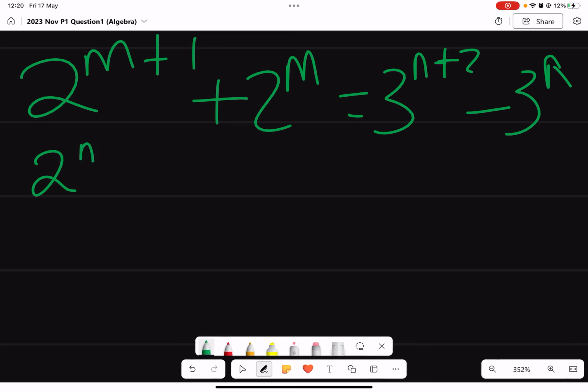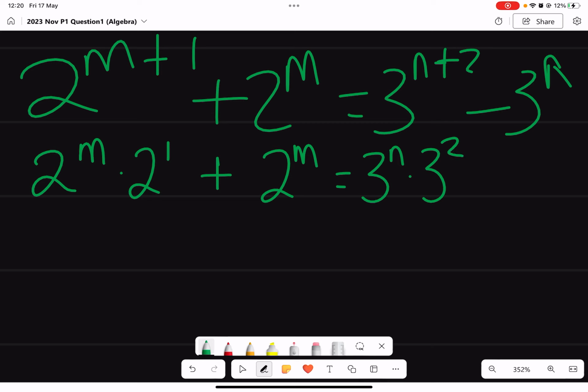So I'm going to now do this. 2 to the power m, I'm splitting there, dot 2 to the power 1, plus 2 to the power m is the same as 3 to the power n dot 3 to the power 2 minus 3 to the power n. All right, perfect. And then now let's check. If we were to check this now, there is something common here.